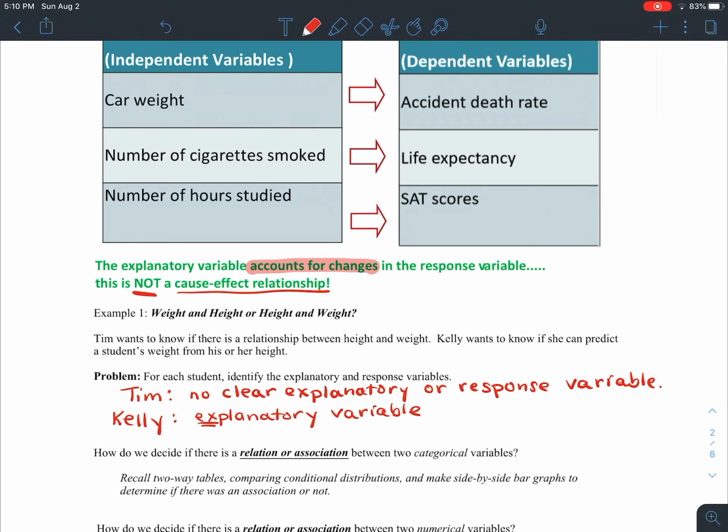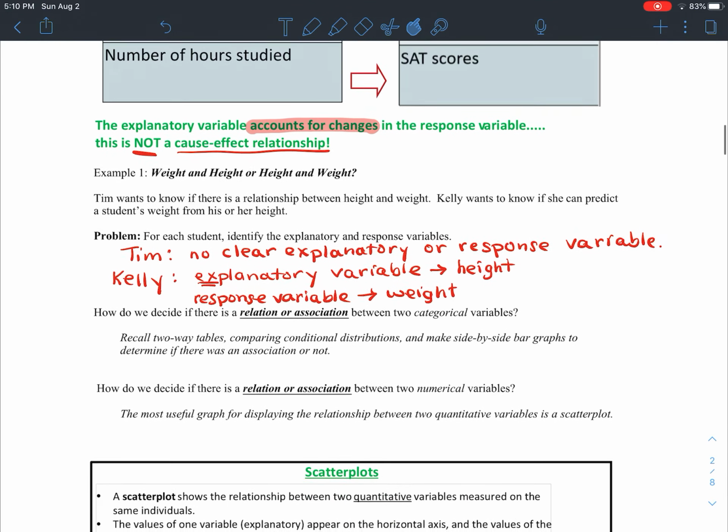It doesn't necessarily cause it, but it helps explain the response variable. So the explanatory variable in this example would be a student's height, and the response variable would be the student's weight. Someone's height doesn't cause their weight to be what it is, but it certainly contributes to it or helps predict what it may be.